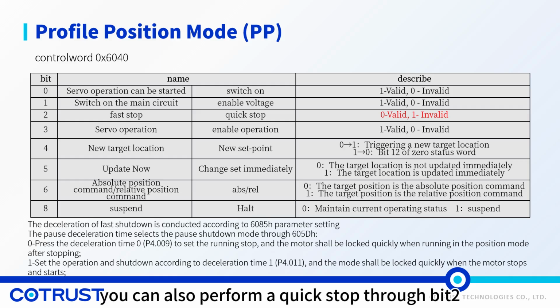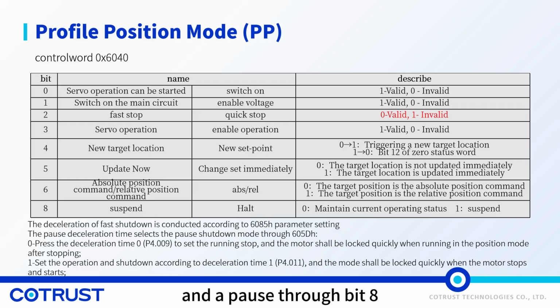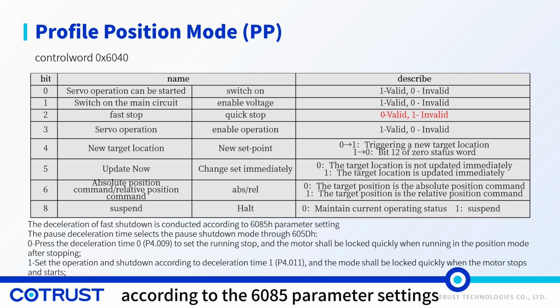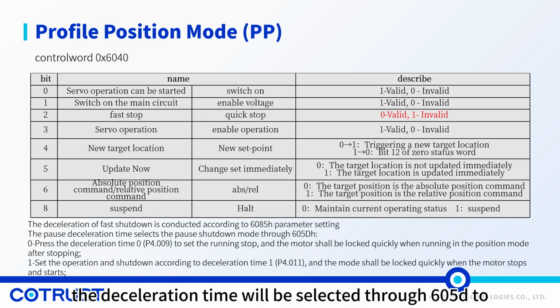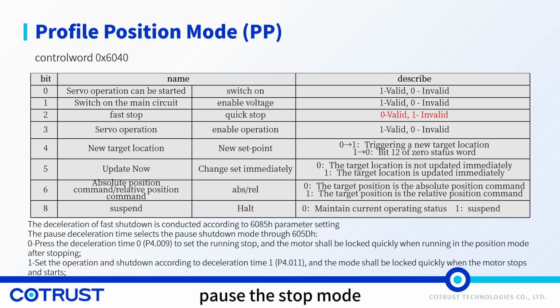In addition, you can also perform a quick stop through bit 2 and a pause through bit 8. If you choose a quick stop, the deceleration will follow the 6085 parameter settings. If you choose to pause, the deceleration time will be selected through 605D, the pause stop mode.